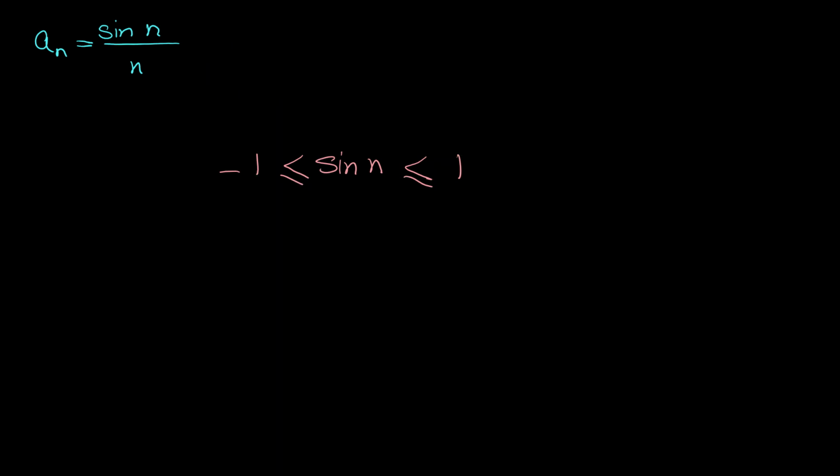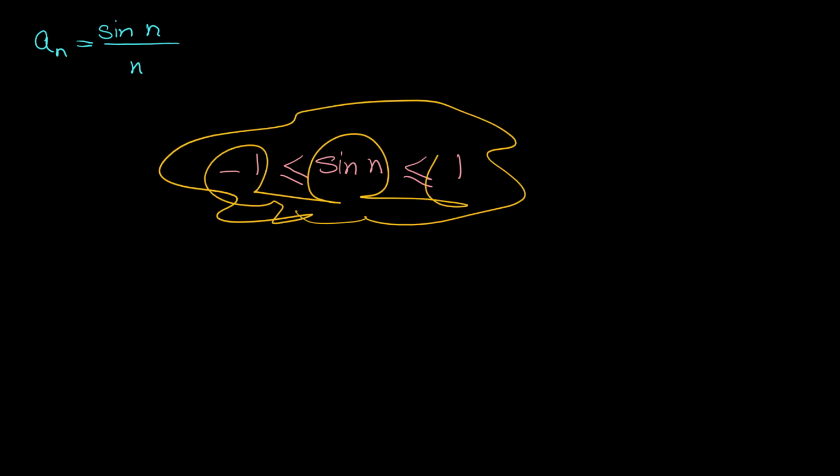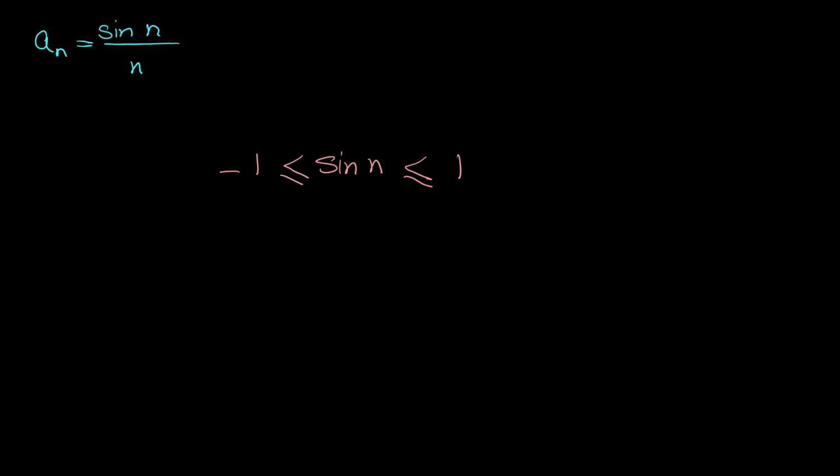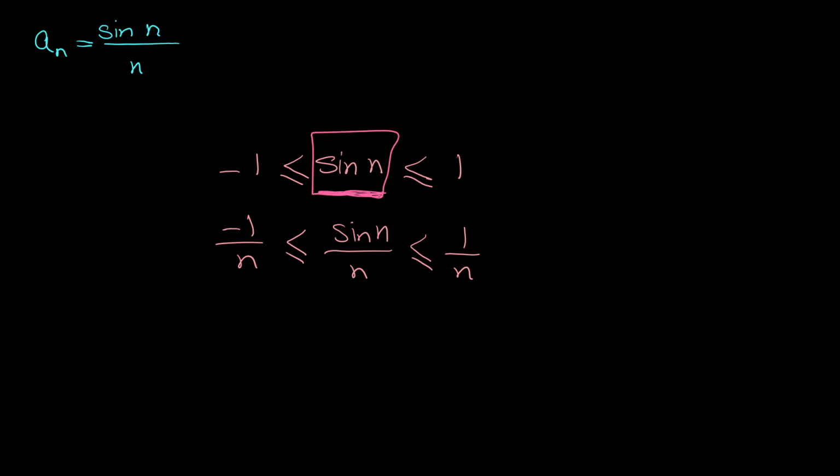So now we divide this inequality that here we have, we divide left, middle, and the right side by n. By dividing everything by n, we have -1 over n, sine n over n, and in the right side we have 1 over n. So first we started with sine, because we know that sine is a bounded function.